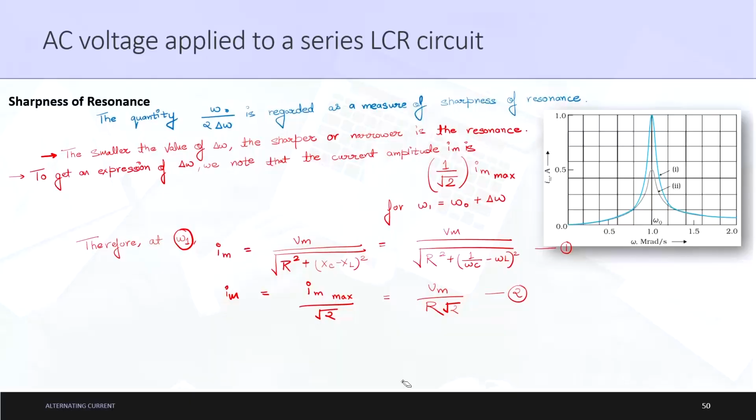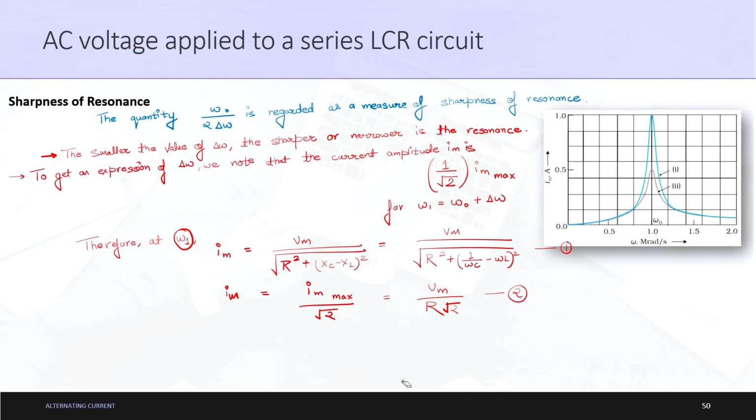Now, this Xc and XL will be equal to 1 upon omega C and omega L, but we do not know the value of omega at that point. Basically, we do not know the value of omega 1. We know that it is equal to omega naught plus delta omega, but we do not know the exact value because we do not know the value of delta omega.